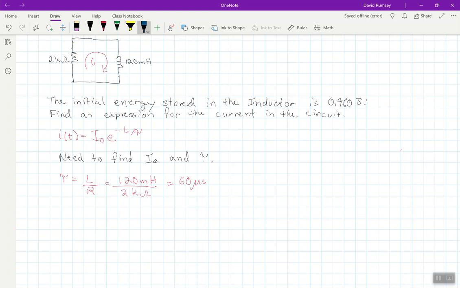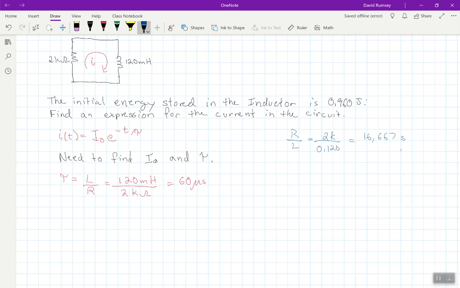Now in the previous video I said I was going to explain how to remember that it's L over R versus R over L. Well, remember that we said that time constants have to be small. If I forgot the formula and did R over L instead, I should know that my answer doesn't make sense, because I get 2 kiloohms divided by 0.120, because that's 120 millihenries, and you wind up with 16,667 seconds.